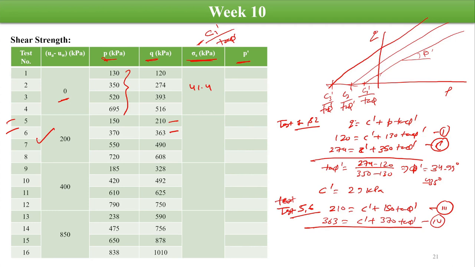And if we solve them, we'll obtain the value of phi dash as tan inverse of 363 minus 210 divided by 370 minus 150. So it will result in tan inverse of 363 minus 210 upon 370 minus 150.